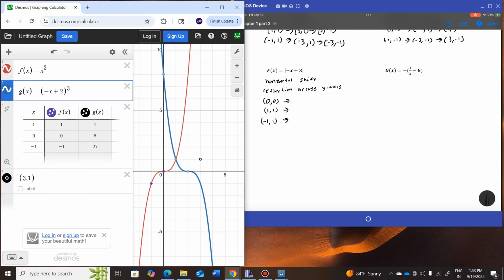Right, so with the plus 3 you should get shifted left, so it goes to (-3, 0), and then the reflection across the y-axis takes it back to (3, 0).